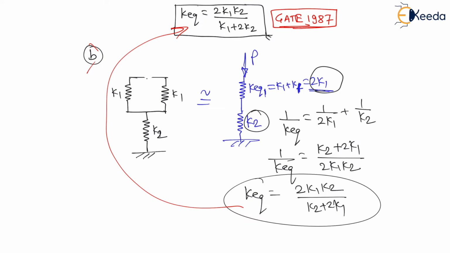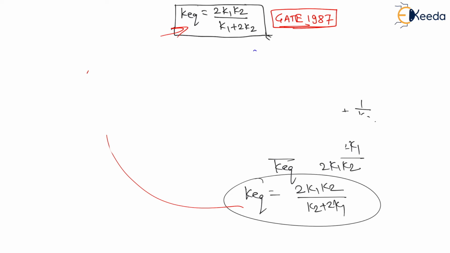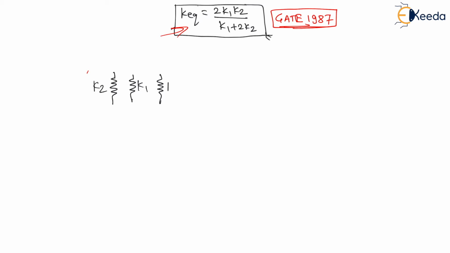So let us check option C now. In option C they have given all springs in parallel. K1, K2, K3 all in parallel, so very simple. Likewise these are the springs and loading is like this.